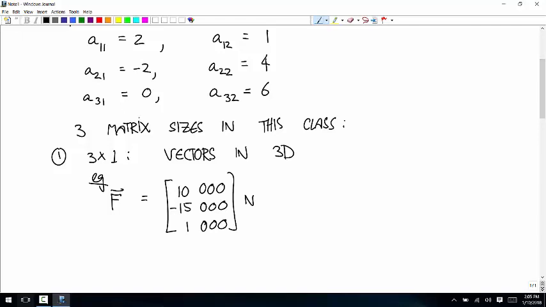Any collection of numbers in a format like this is a matrix, but any 3 by 1 matrix is not necessarily a vector. Same thing with tensors. You can organize any numbers into a 3 by 3 matrix. It's a matrix no matter what those numbers represent, but that doesn't mean that it's a tensor.